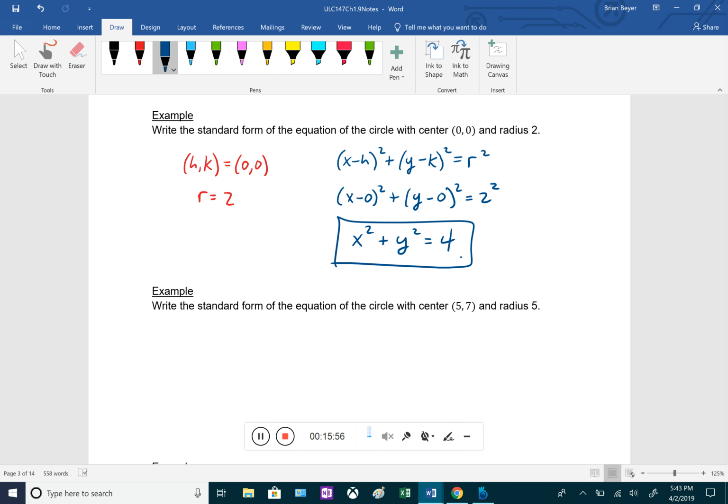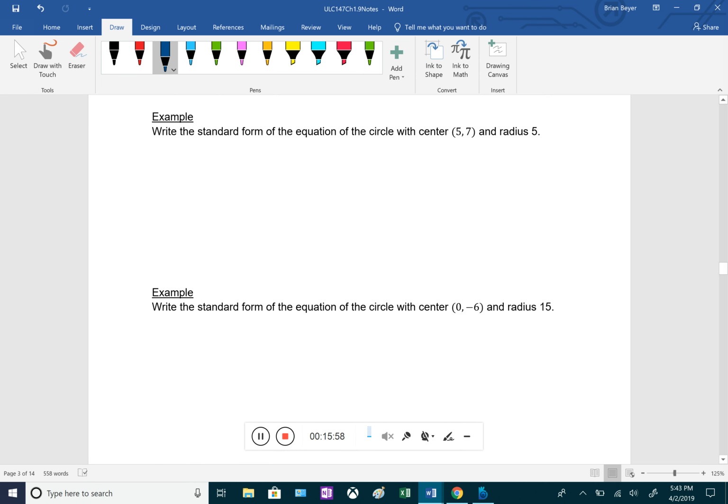Okay, and for the next one, write the equation of a circle in standard form, center 5, 7 and radius 5. So we have the standard form, and we have h comma k, which is 5, 7, the center of the circle, and then we have the radius is 5.